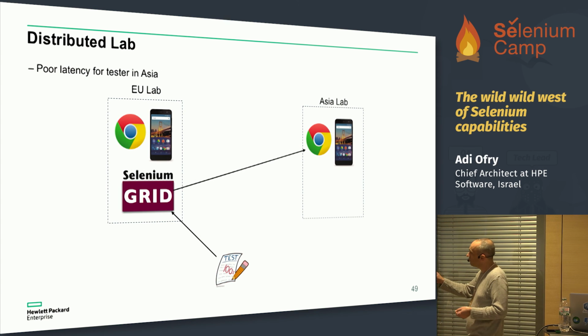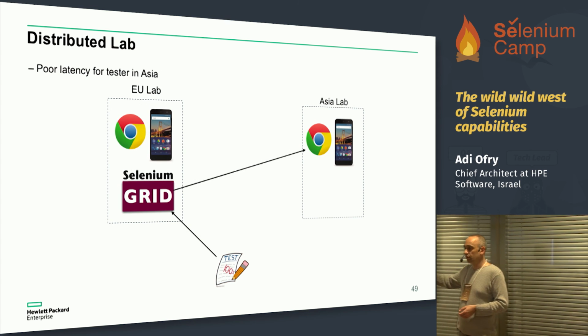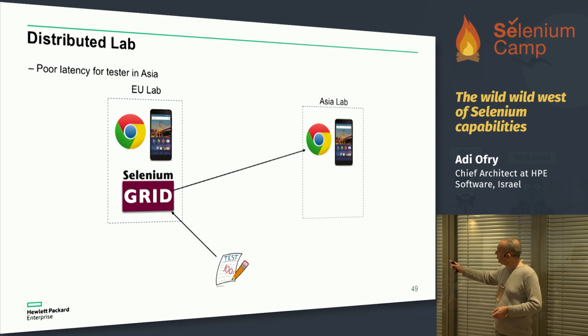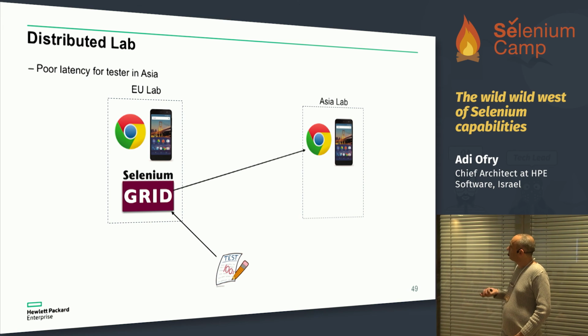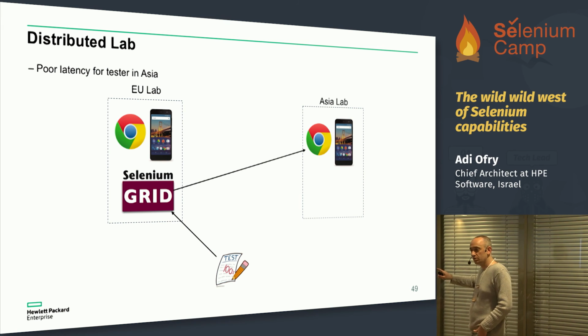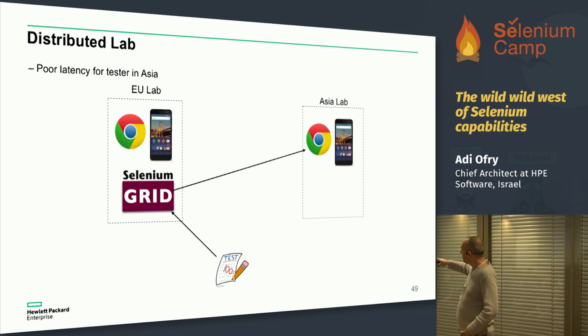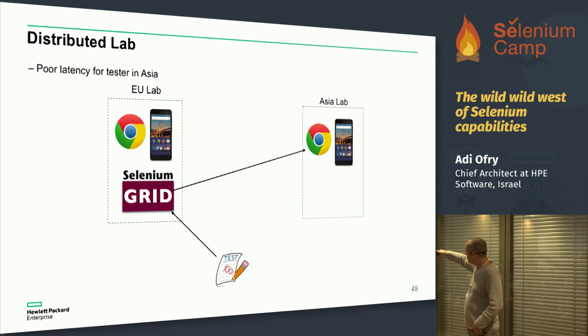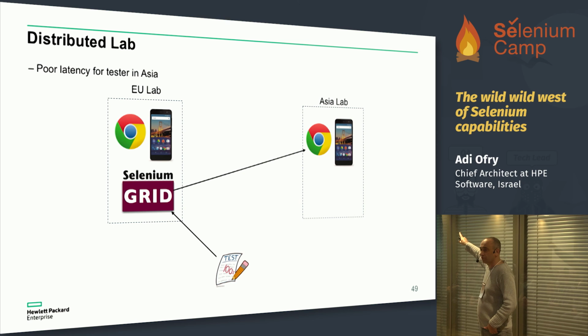I have a test that wants to connect to a grid, but actually wants to go to an Asia mobile. How can it do that? Because with the current implementation, every call will go to the grid and then to Asia and back. You get double latency.